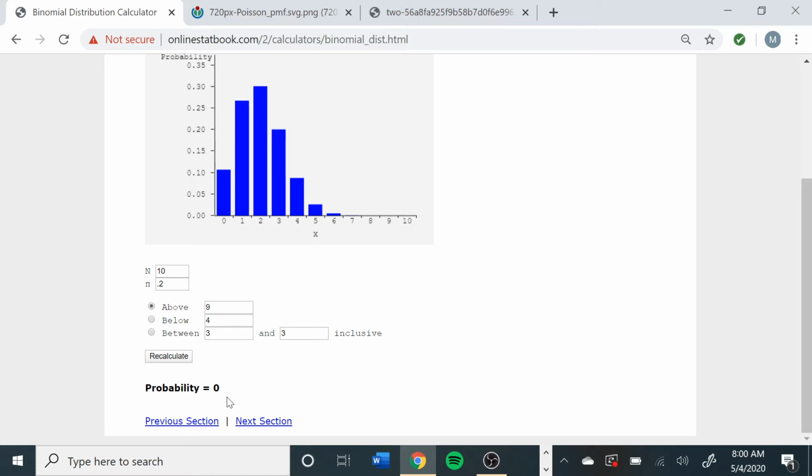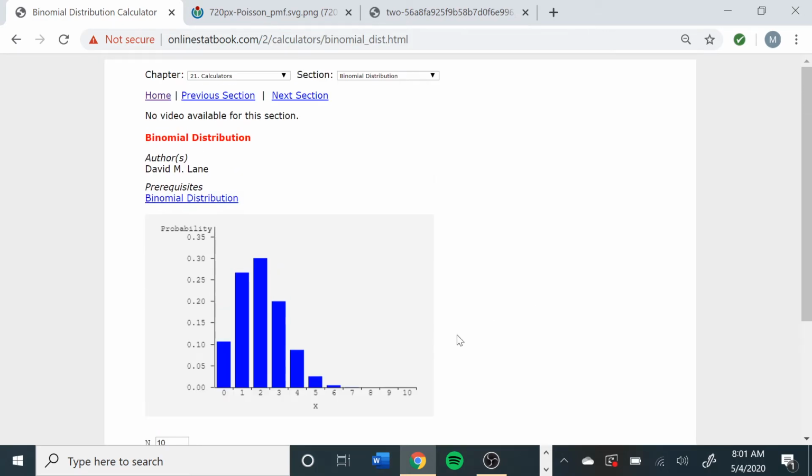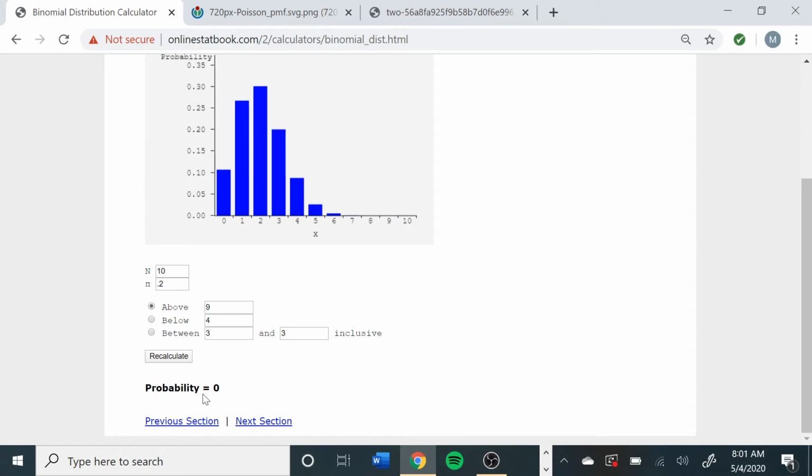Or if you're rounding off to 3 decimal points, we would just say the probability is 0.000. Okay? So that's how we handle probabilities that say 0 here. All right, so if you're rounding off, you'll actually put 3 zeros as the answer.